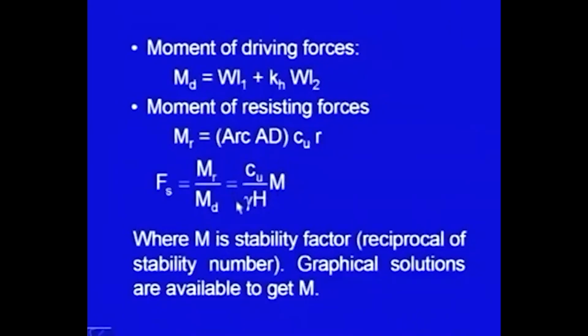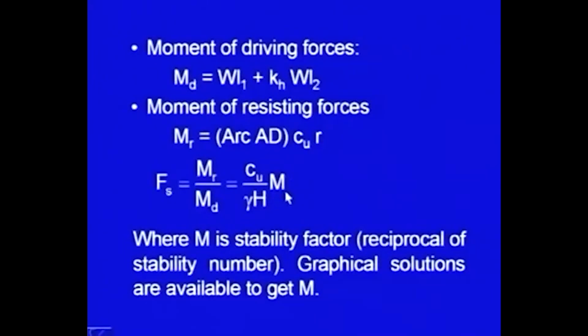In this form the graphical solutions are available, where m is the stability factor. It is nothing but the reciprocal of the stability number. So, from those graphical charts you can find out m.